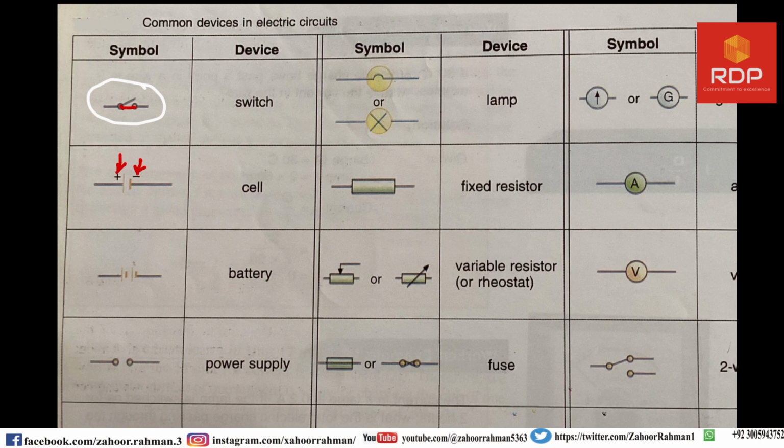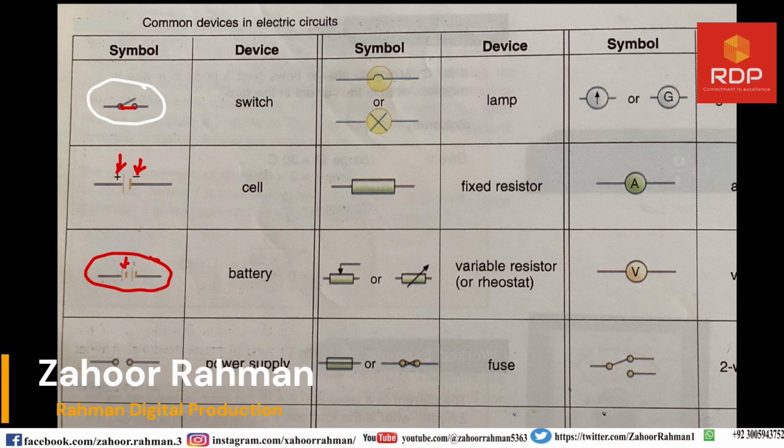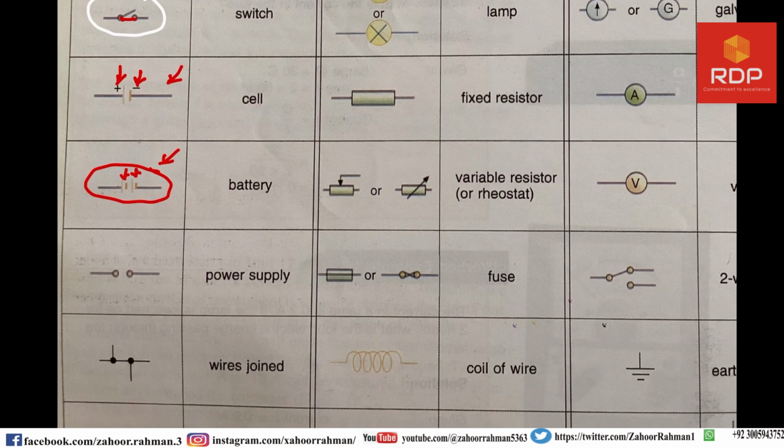Now when we are using a battery, that is called a high tension battery, then there are many lines inside this. So it means that it is a battery. That is a dry cell, but this is a battery in which we are using acids, etc. Now this is a power supply.